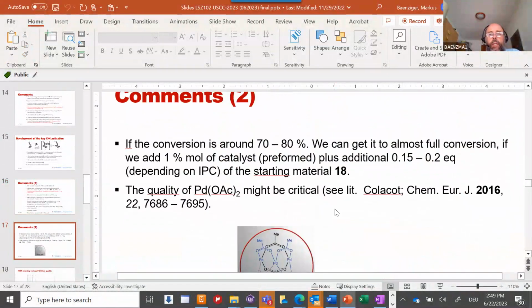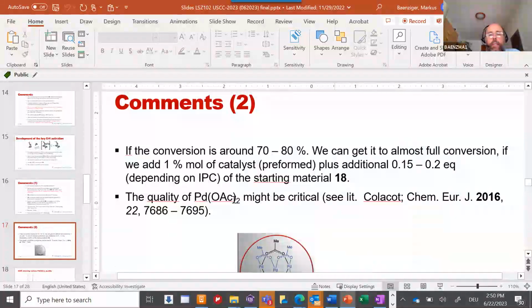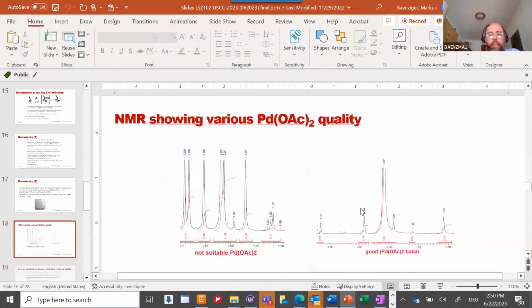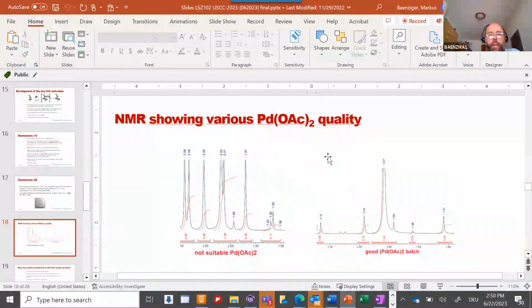One critical thing, as reported by people from Johnson Matthey, is that the quality of palladium acetate might be very critical, and we found that as well. So we finally measured the NMR of the palladium acetate. This was a batch measured in CDCl3, deuterochloroform.